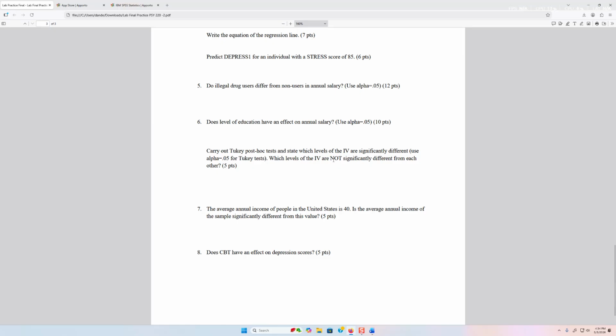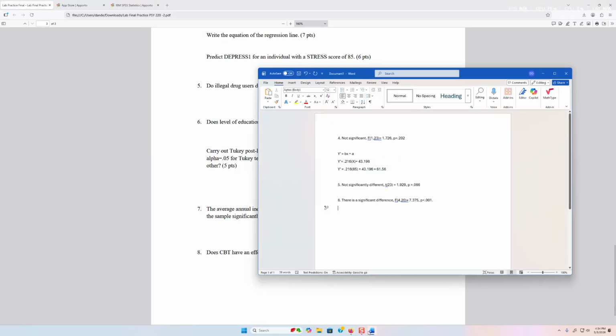Which levels are not significantly different from each other? So I'm asking you, which levels are not? Well, first off, how many comparisons are we going to make? And we're going to do Tukey test. Well, we have 5 groups, so the number of comparisons is the number of groups times the number of groups minus 1, divided by 2.